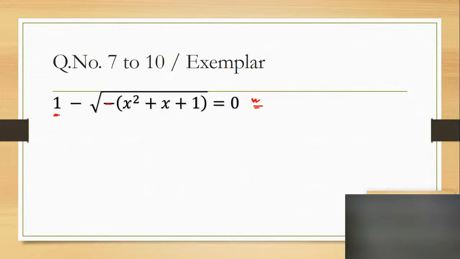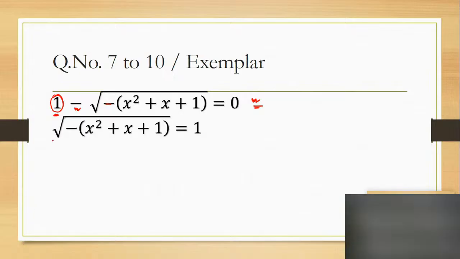Now this one moves to the right hand side, then in the left hand side we have 1, and in the right hand side we have minus x square plus x plus 1 over root. After proper arrangement we get minus x square plus x plus 1 over root equals 1.